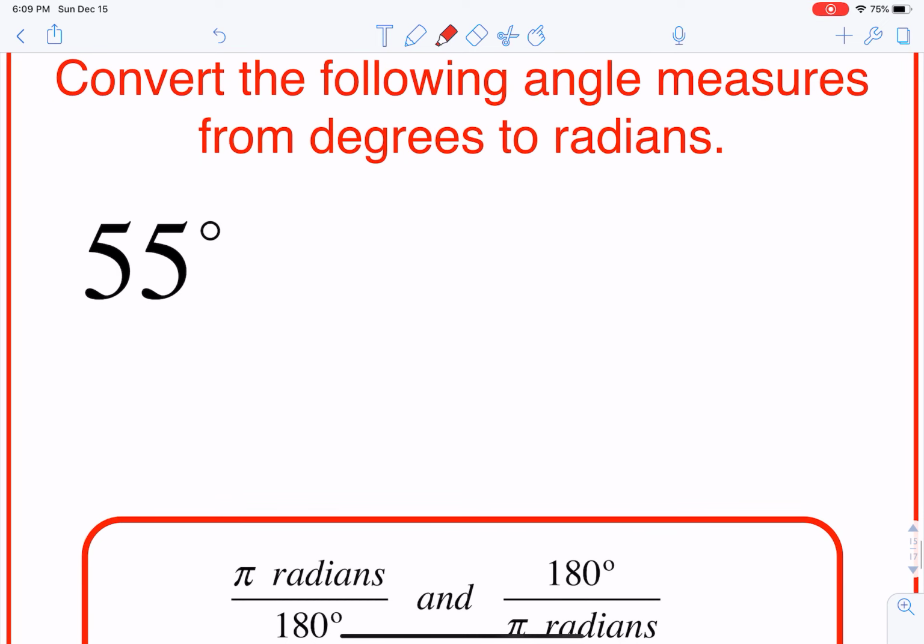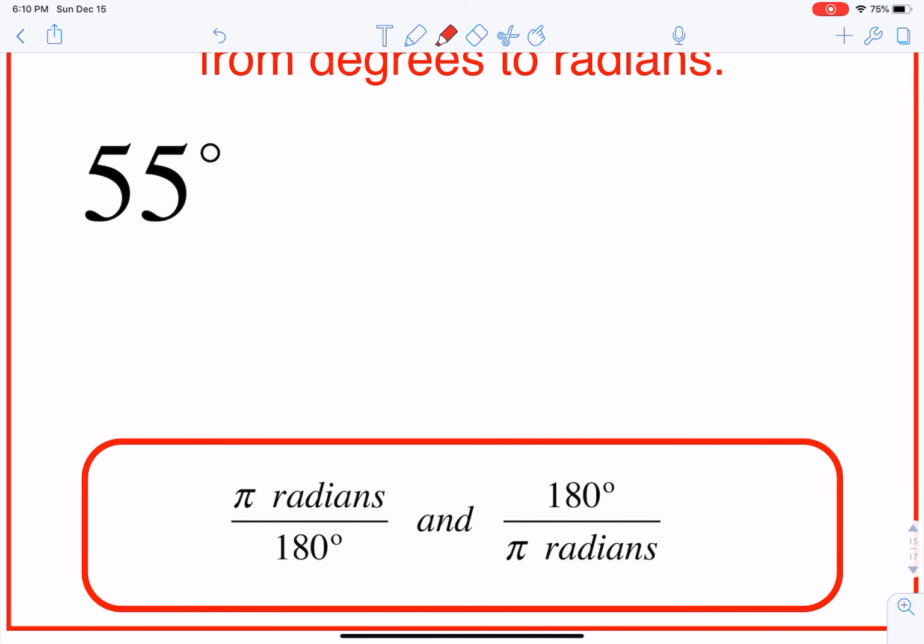Convert the following angle measures from degrees to radians. We'll just do a few more examples together. I have 55 degrees. I'm going from degrees to radians, so I'll multiply by pi radians over 180 degrees. This will give me 55 pi over 180. My degrees will simplify out, so I actually won't end up writing that.